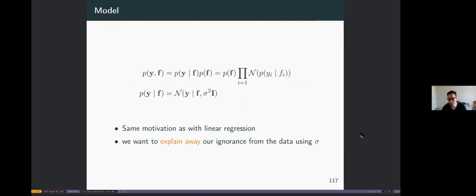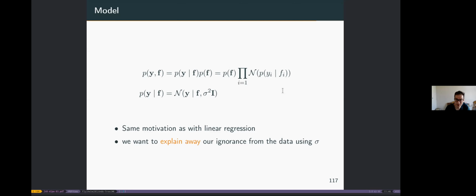So if we do exactly the same argument with explaining away as we did in the linear regression case, that says I have my data and then there's some Gaussian noise around it, we can derive a Gaussian likelihood. Then we can say that given that I know the location of my function, so the output from the model, the value of the data that I observe is just independent.